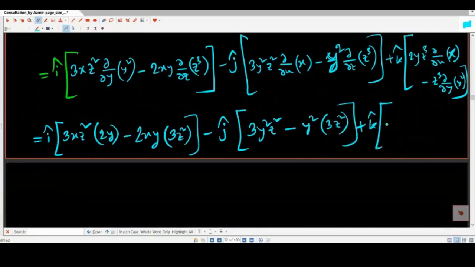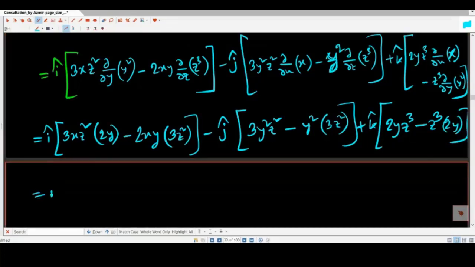Plus k: 2y z cubed, differentiation of x in terms of x is 1, z cubed minus z cubed times differentiation of y squared will be 2y.